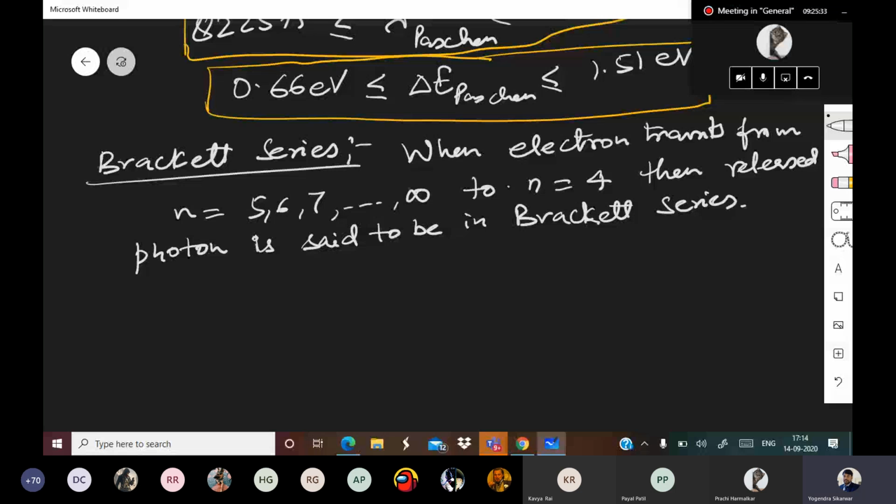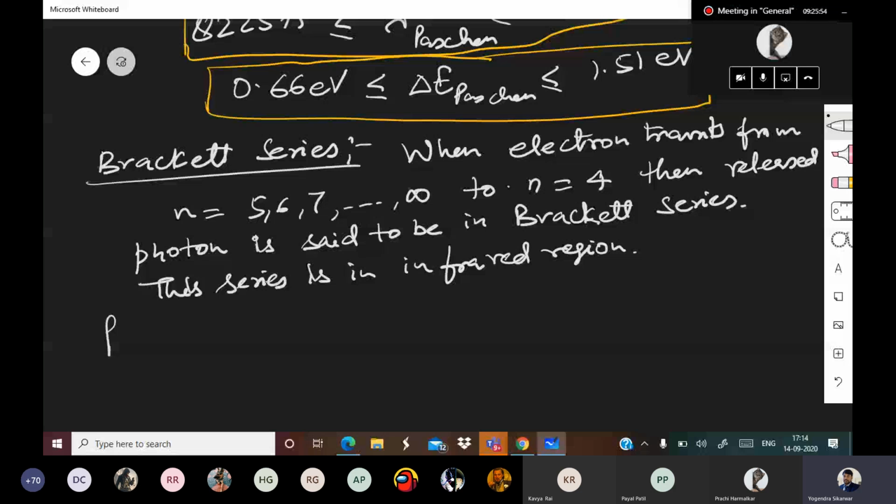This series is in infrared region. So basically its energy will be even lesser.